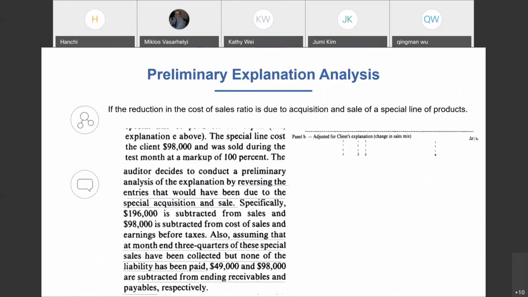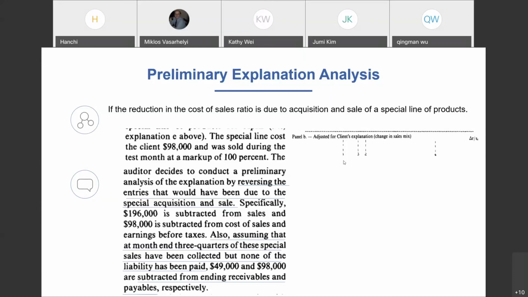So if we assume that the reduction in the cost of sales ratio is due to the acquisition and sale of a special line of product, what should we do? We should revise the entries that would have been due to the special acquisition and sale. We should also assume that at month end 3/4 of these special sales have been collected, but none of the liability has been paid, so we subtract them from ending receivables and payables.